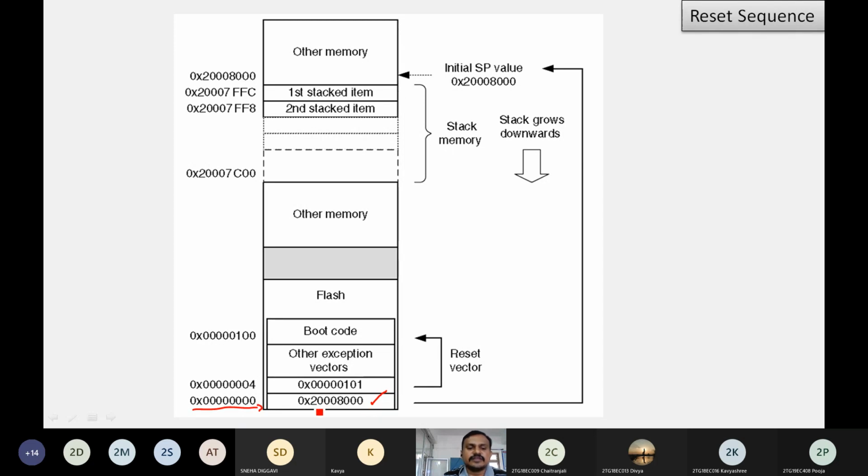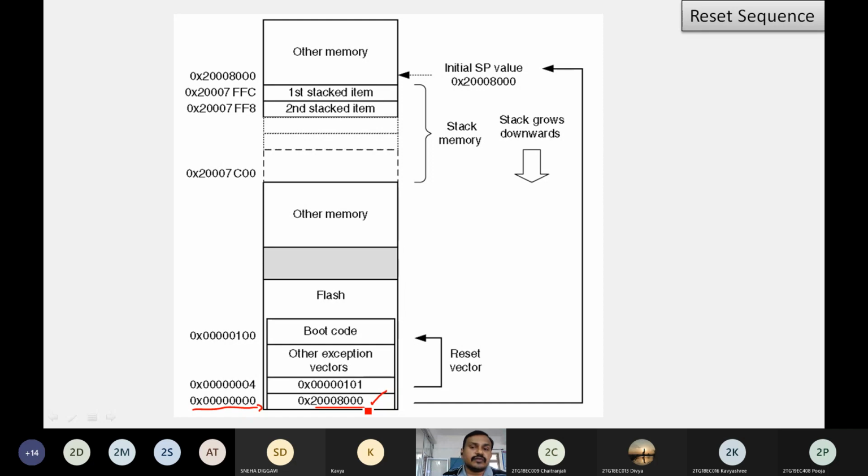As per the example here, the stack memory location is allocated in the memory at the address 2000800. At the address 2000800, there is a stack memory.